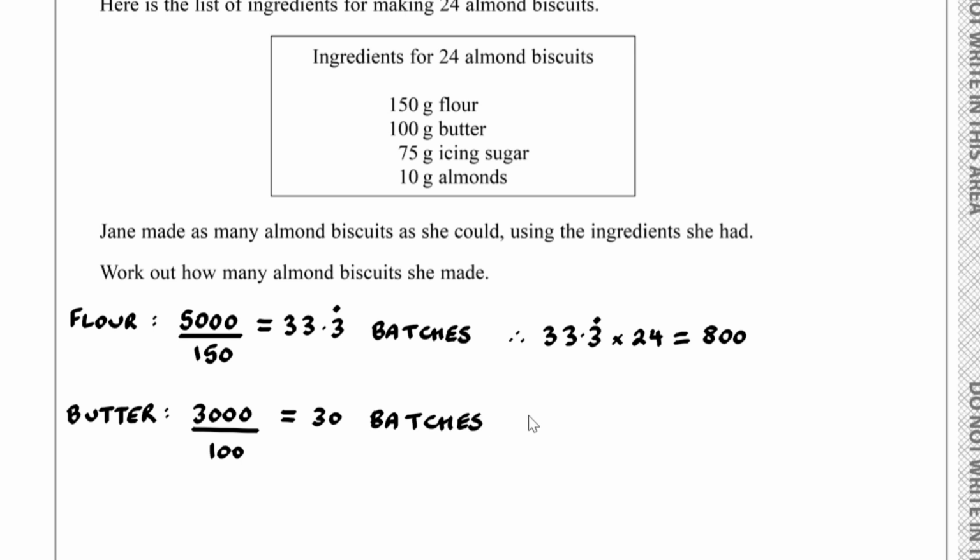So the total number of biscuits I can make will be 30 multiplied by the 24, which is 720. So I'm restricted now to make 720 biscuits because I do not have enough butter. I've got plenty of flour, but I don't have enough butter.